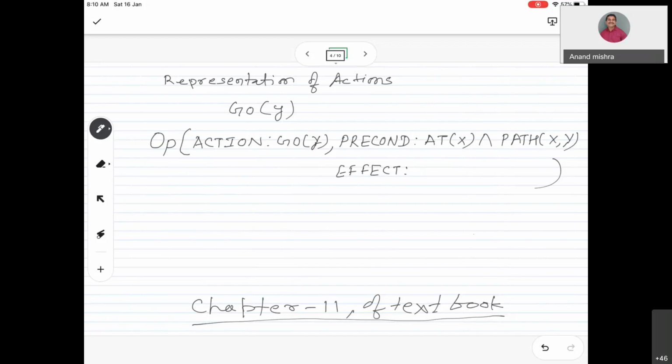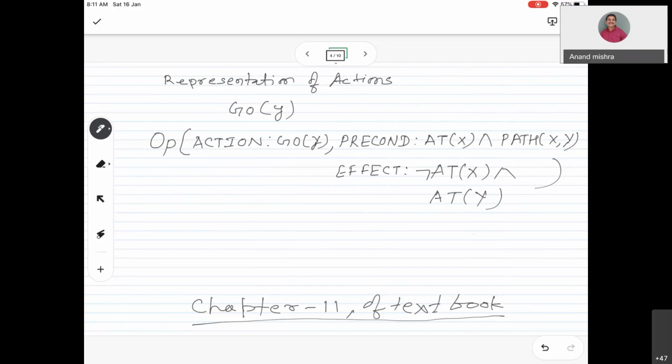So this is the precondition: you are at some position X, and there is a path between them. What is the effect? You are no more at X, but you are at Y. So this is one way of representing actions, which is a very formal language.